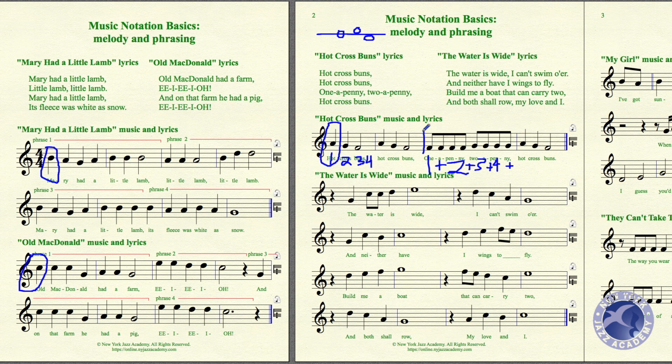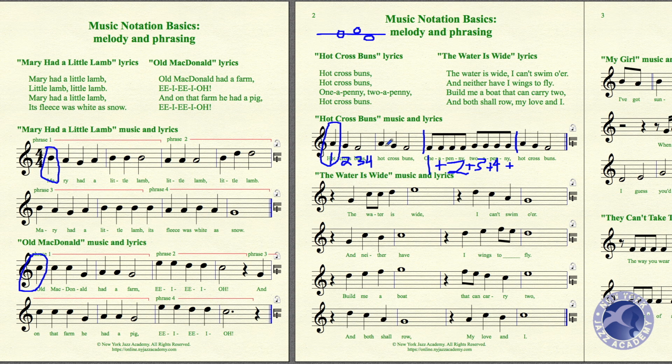There is a break there. You don't want a break, so it's got to go hot cross buns, hot cross buns, 1 a penny, 2 a penny, hot cross buns. Again, don't stop here. Another thing that people do is go 1 a penny, 2 a penny, hot cross buns. Or even worse, don't slow down your eighth notes.